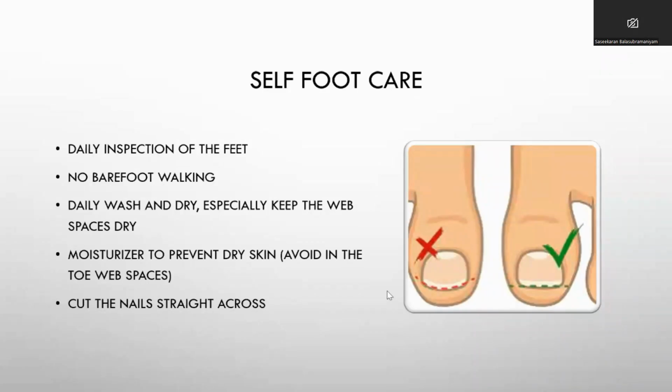And if they feel that it is dry, they can use some moisturizing cream to keep it moist. More importantly, when they cut the nails, they have to cut the nail straight, not curved, which ends up in ingrowing toenail and nail infection.